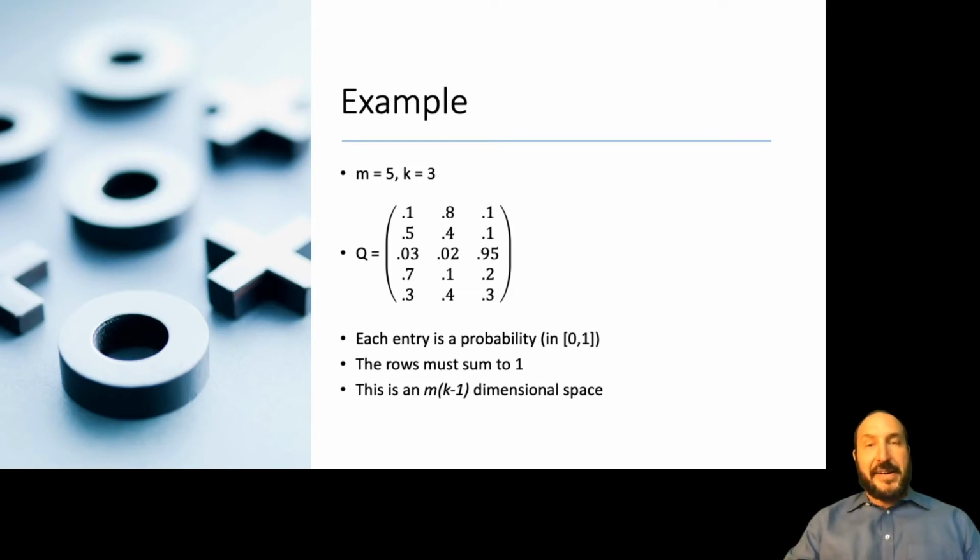So really, the number of dimensions is m times k minus 1, because once I fix the first k minus 1 columns, the kth column is just a function of those previous columns. So in this case, where m equals 5 and k equals 3, I would actually have a 10-dimensional space. It would be 5 times 2.